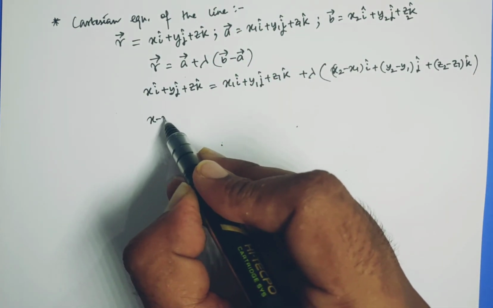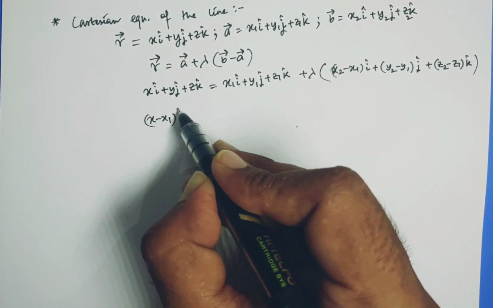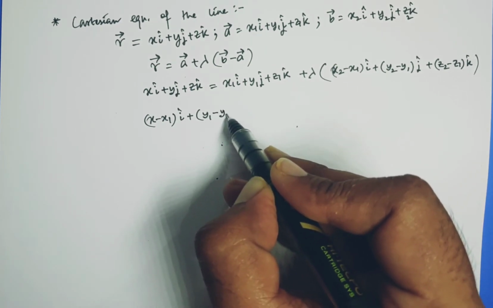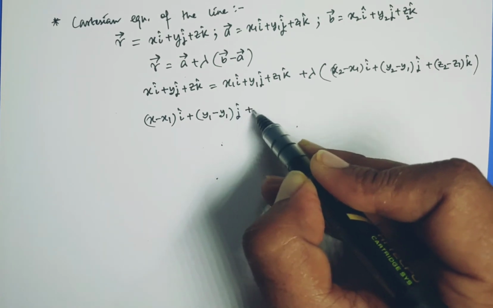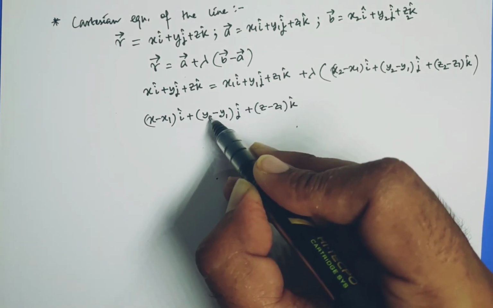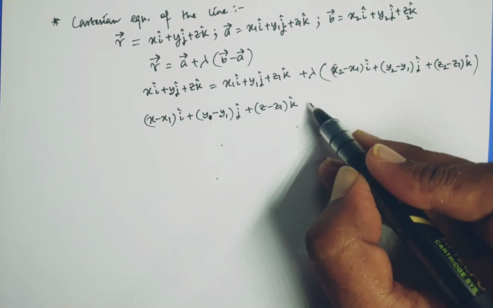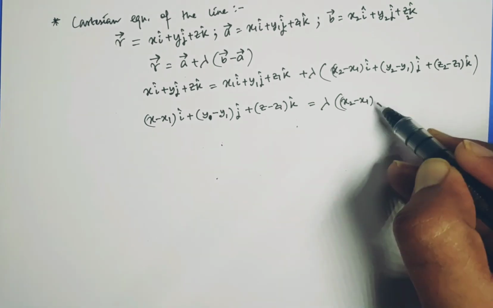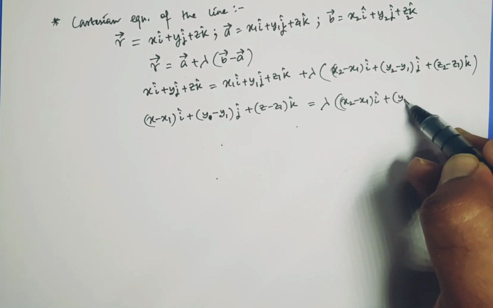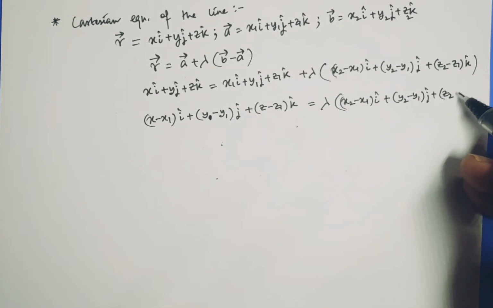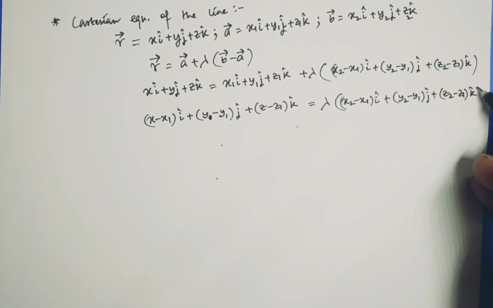It becomes x minus x1 i cap plus y minus y1 j cap plus z minus z1 k cap. Okay, and the opposite side will be the same as that, x2 minus x1 i cap plus y2 minus y1 j cap plus z2 minus z1 k cap.